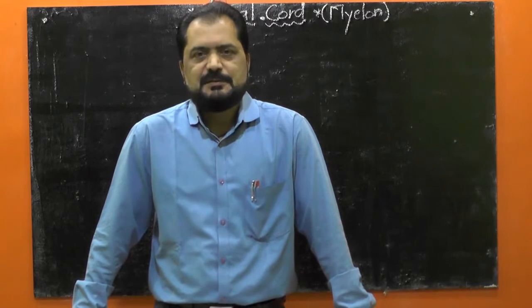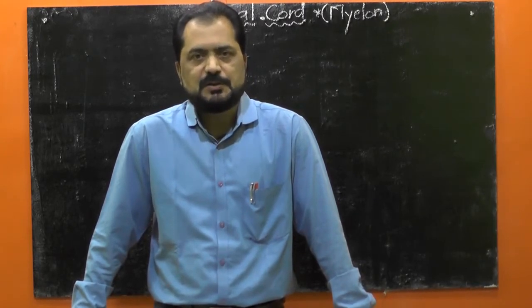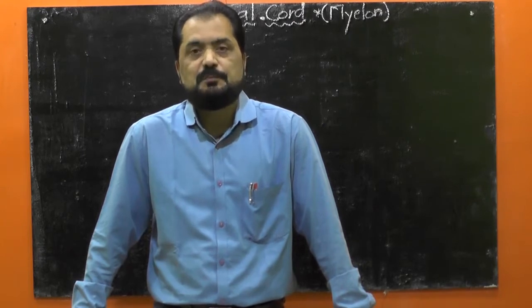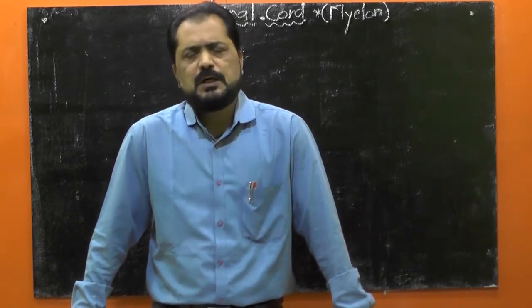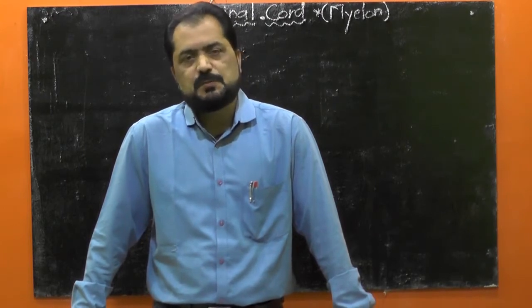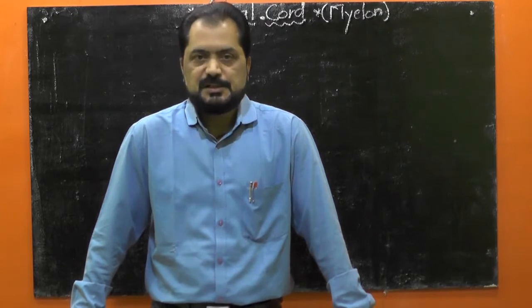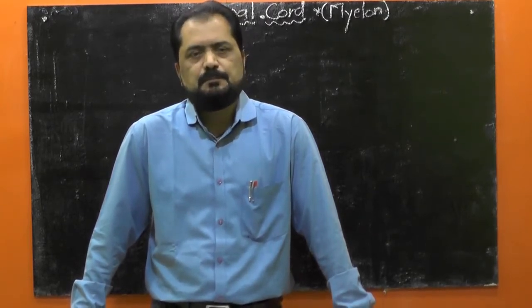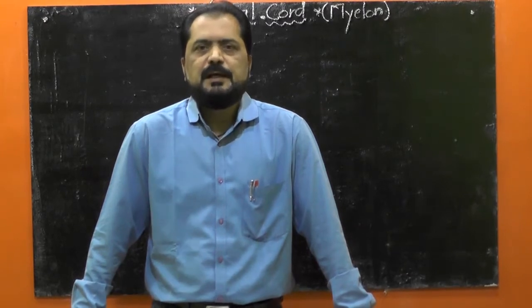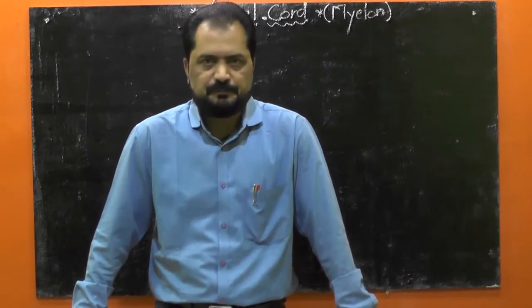Dear friends, in our previous lecture we have completed the remaining part of the study of the structure of the brain. All of you are aware that the human nervous system is broadly divided into three subdivisions: CNS, central nervous system, PNS, peripheral nervous system, and ANS, that is autonomic nervous system.